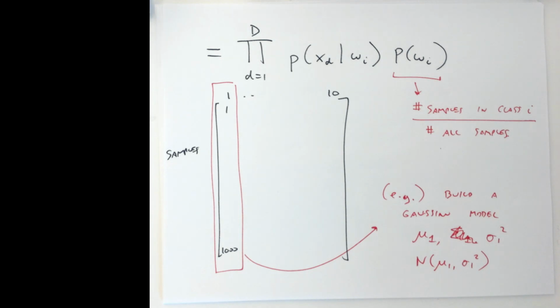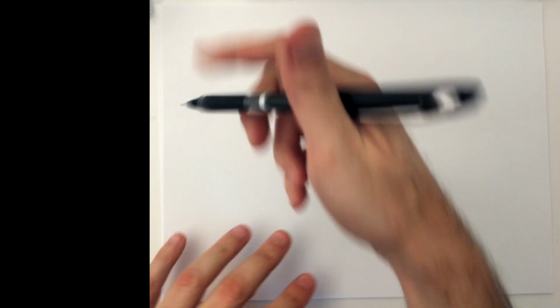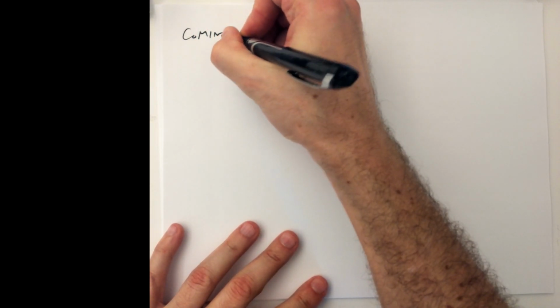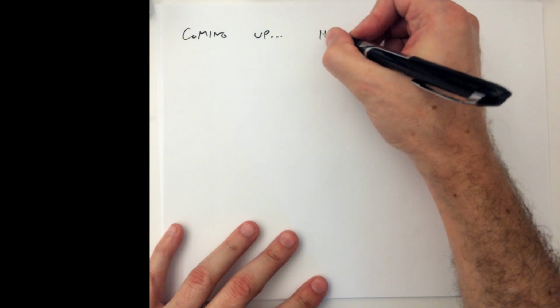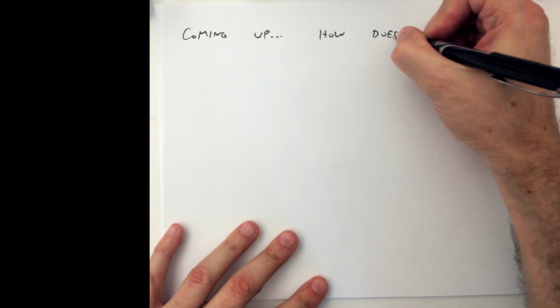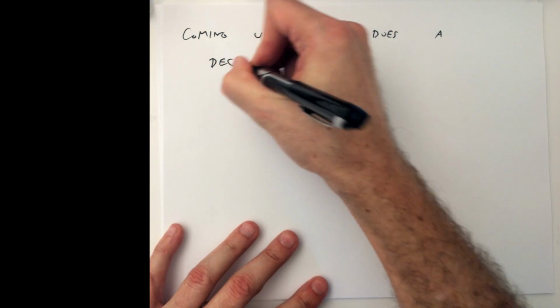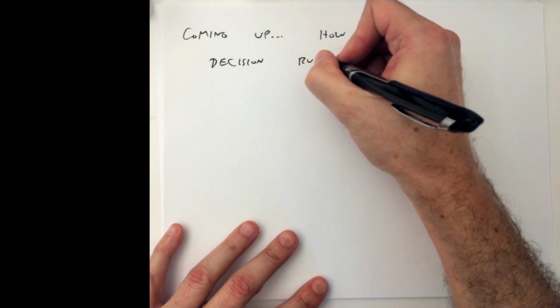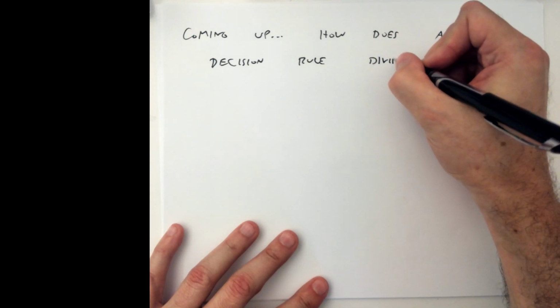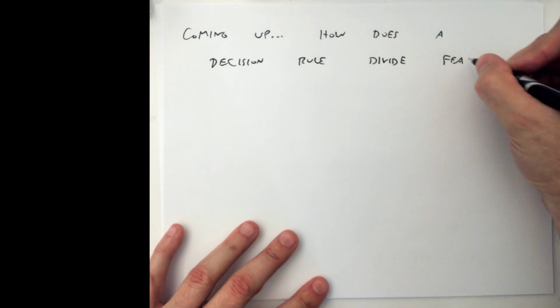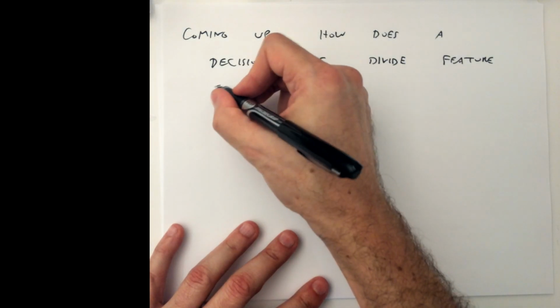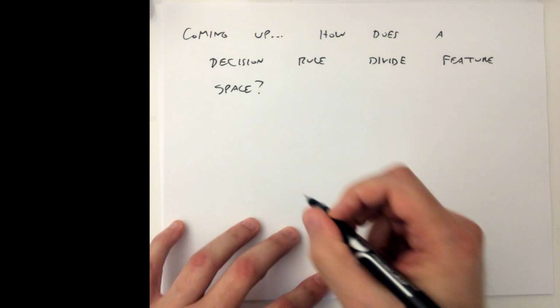And we're going to talk in the next few lectures about what that means. It's kind of like, how does a decision rule divide feature space, right?